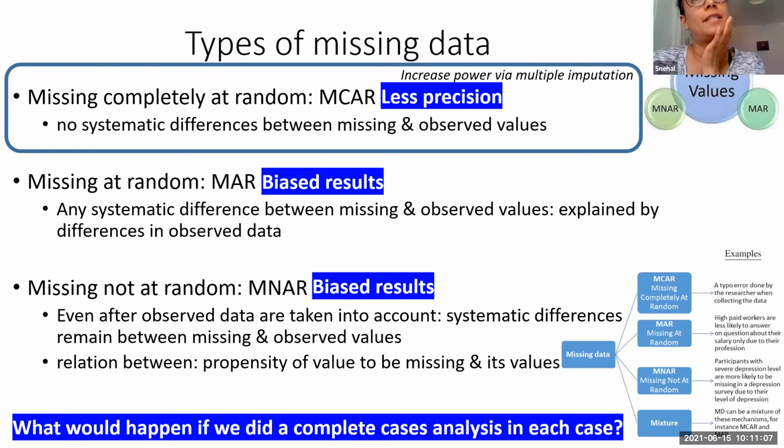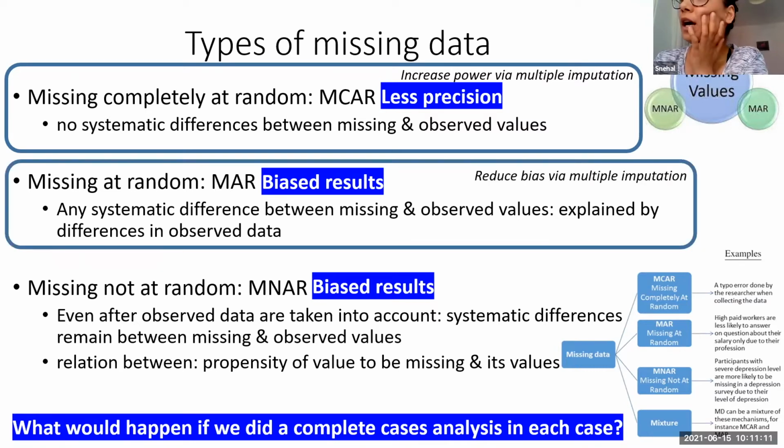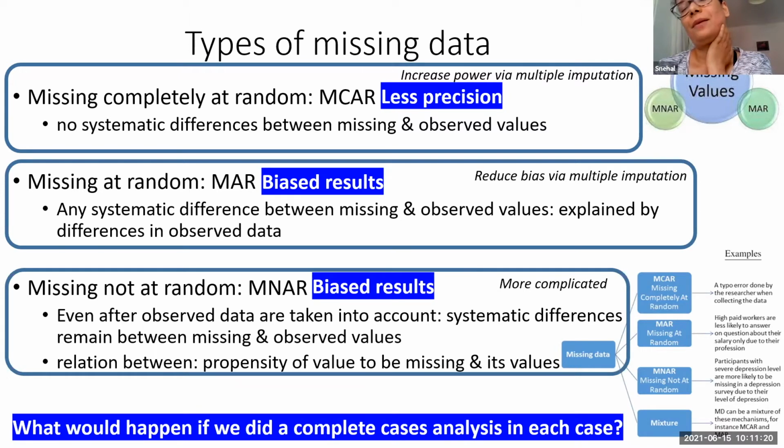If our data is missing at random and we do multiple imputation correctly, we can reduce the bias in our results. And if our data is not missing at random, it becomes much more complicated. And basically, you have to do a bunch of sensitivity analyses, and multiple imputation may not necessarily solve all your problems. Okay.